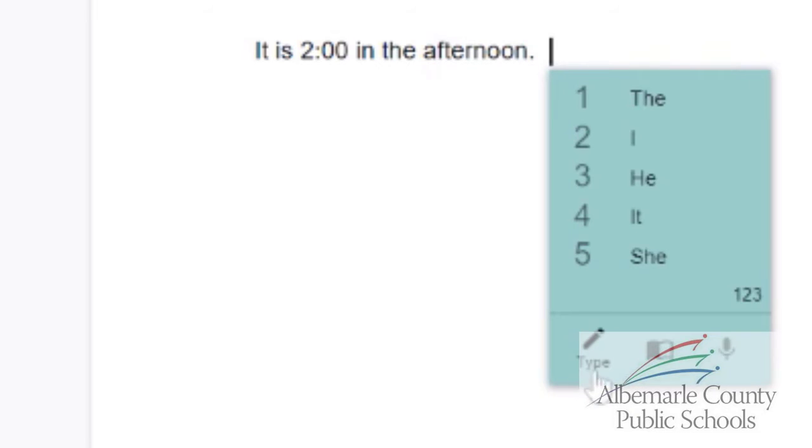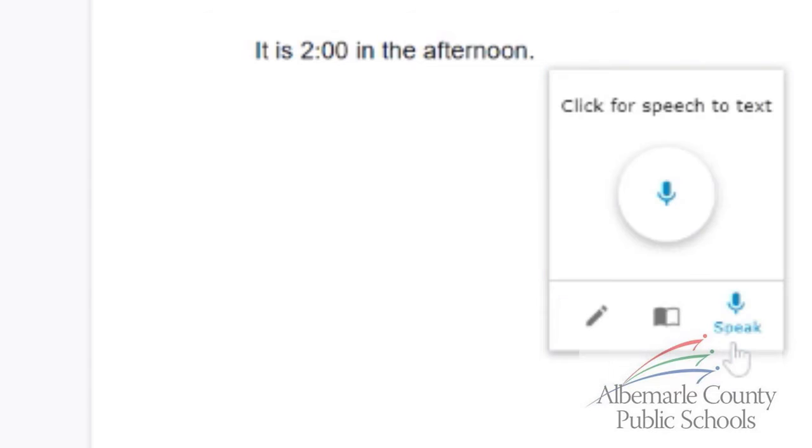As you can see down here, I also have these icons. I have type, which means I can click on that to type without getting predictive text. I can manage topics, which I'll show in just a moment when we're looking at our options. But I also have a speech to text option. So when I click speech to text, it allows me to use voice typing.